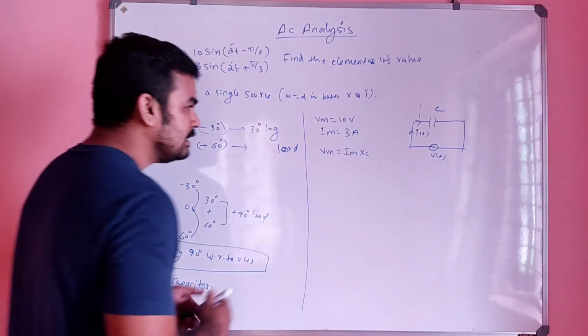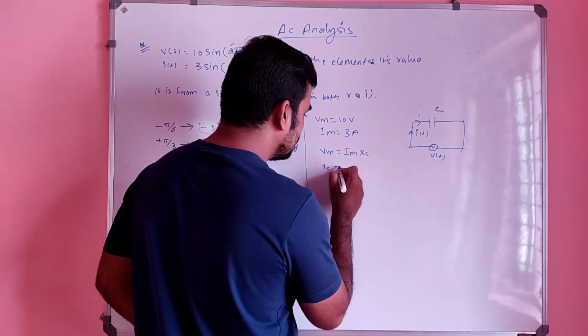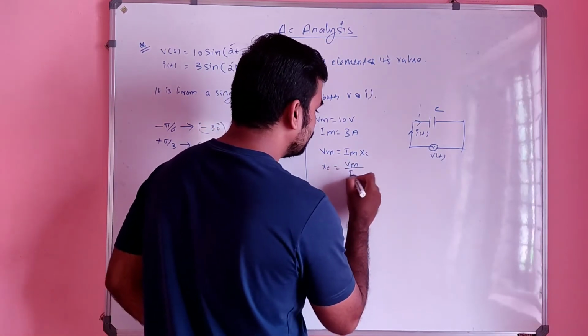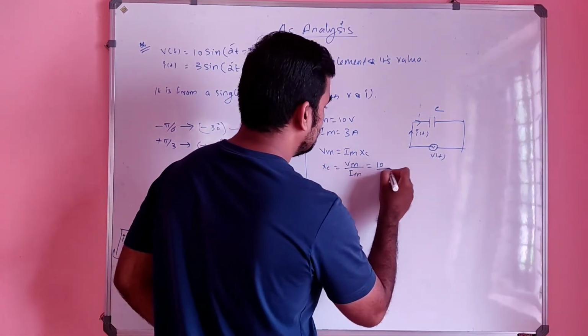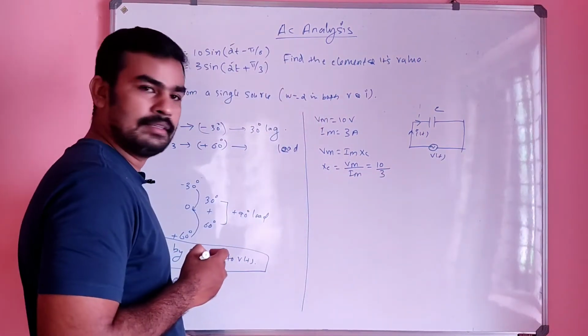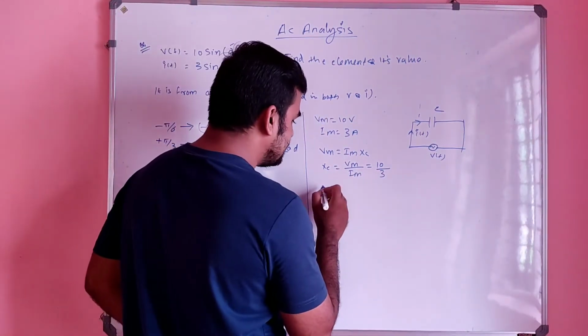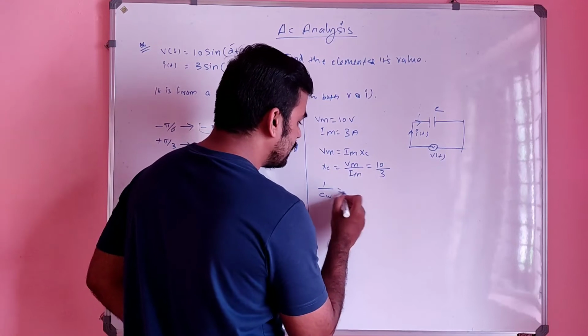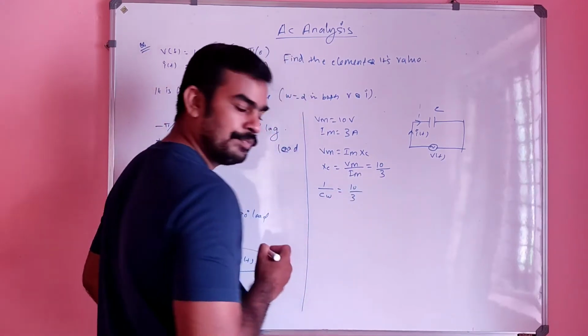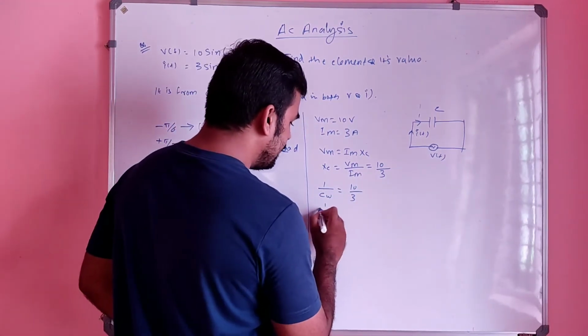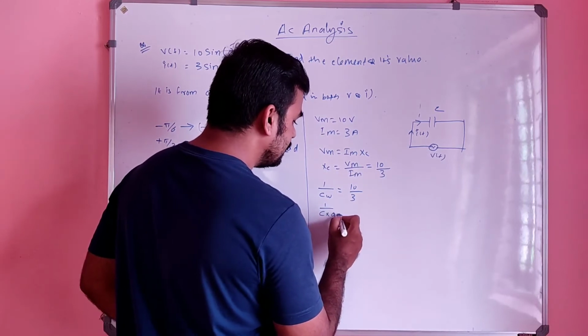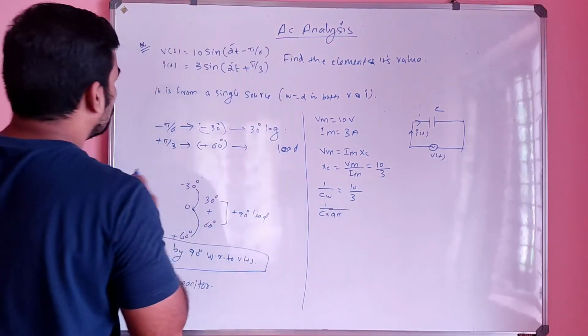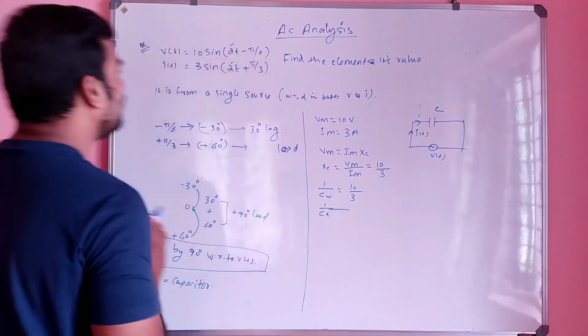So what is XC here? Vm by Im, or simply 10 by 3. And we know XC is equal to 1 by C omega, equal to 10 by 3. What is the value of omega here?